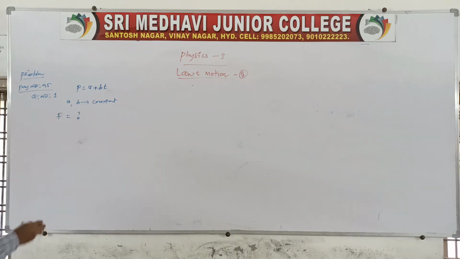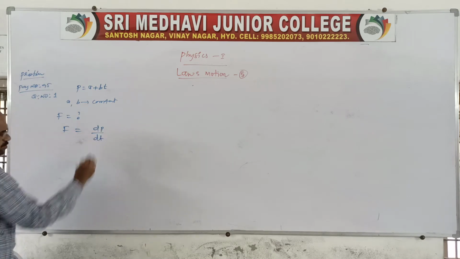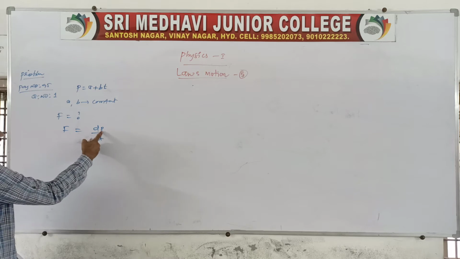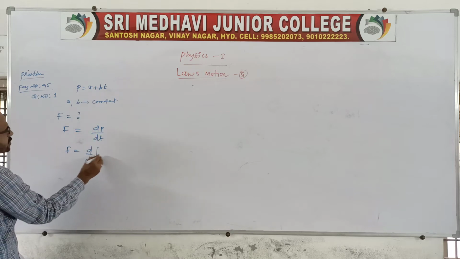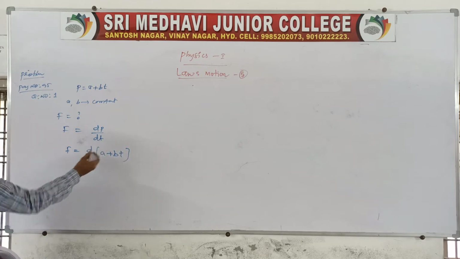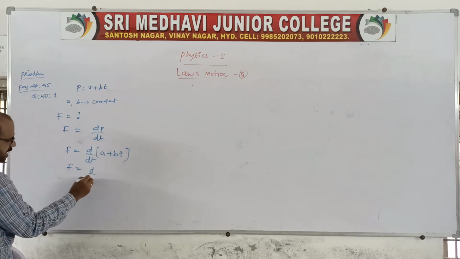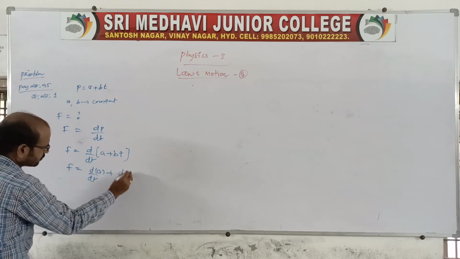Of course, we know Newton's second law: F = dp/dt. Here you write F = d/dt of (a + bt). Now let us apply differentiation: d/dt of a plus d/dt of bt.